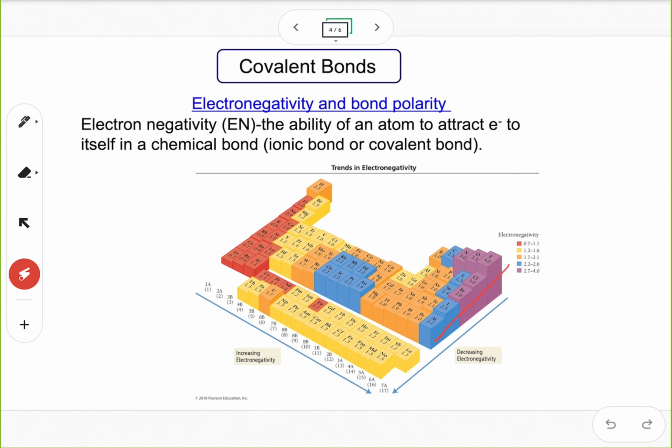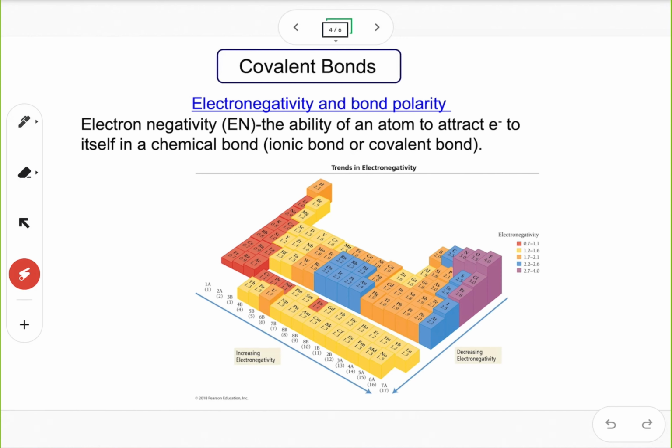Okay, so from top to bottom, electronegativity decreases. In other words, fluorine has higher, stronger attractive forces towards electrons compared to the other elements in group 17. Similar trends can also be observed in group 1, from hydrogen to francium.